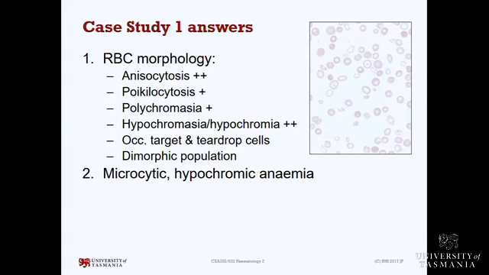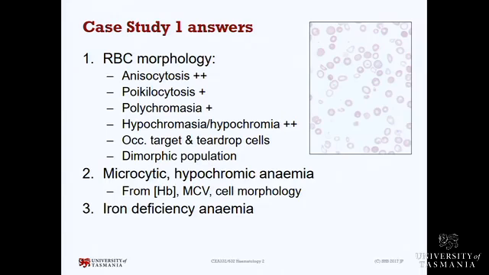So our provisional diagnosis based on our FBC results: the hemoglobin was low, so we've got an anemia. The MCV is low, therefore it's microcytic. The MCH, I think, was also low if you did the calculations, and the cell morphology certainly supports that. So we're thinking that it's iron deficiency anemia, so what would we expect in our serum iron studies?